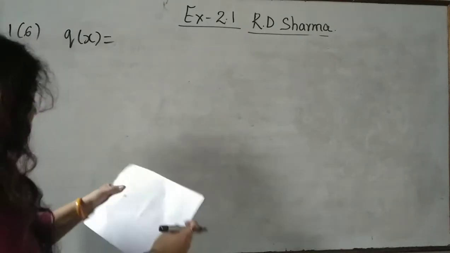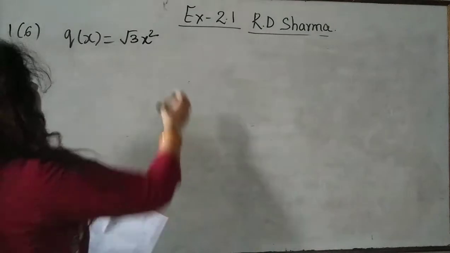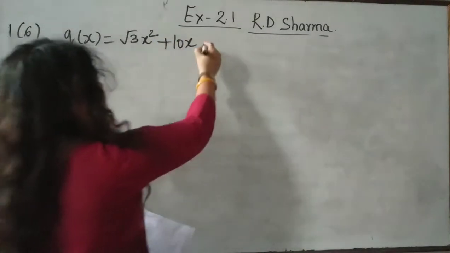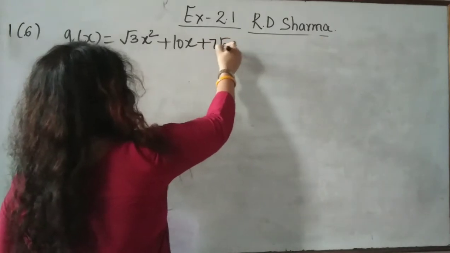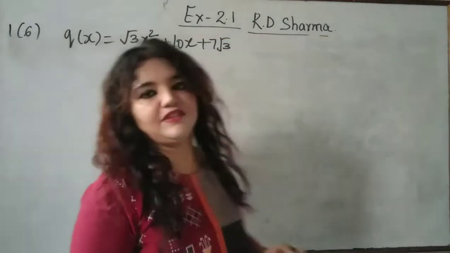Now qx is equal to under root 3 x squared plus 10x plus 7 root 3. This is the polynomial given, and we know what we have to do.